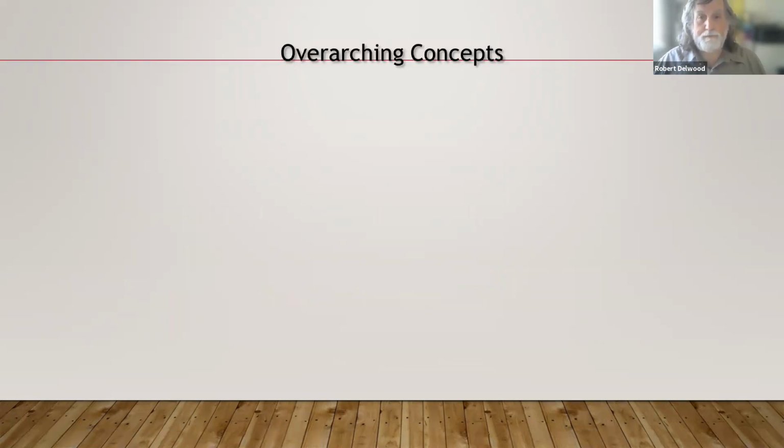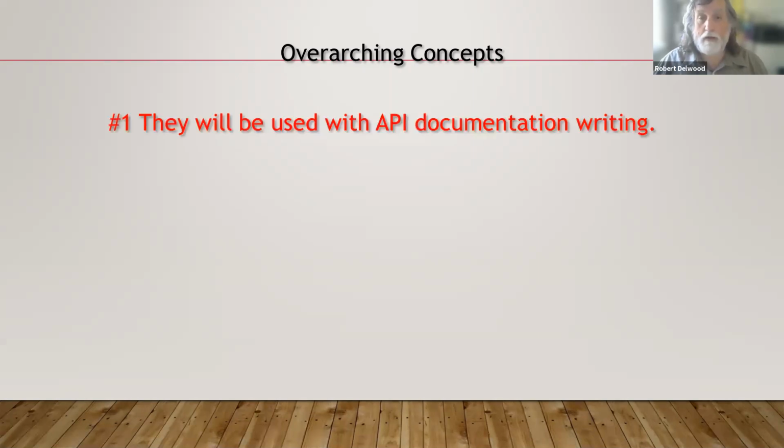So for this presentation, there will be some overarching concepts. These concepts apply to everything I'm going to talk about. So number one, all these concepts are used in API documentation writing. API documentation is a separate field within technical writing.